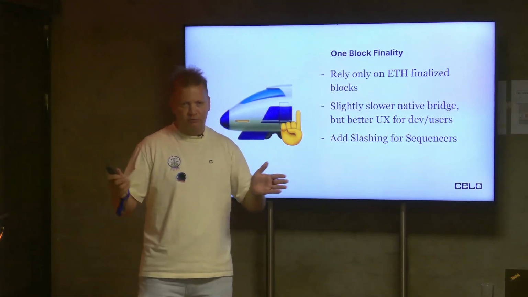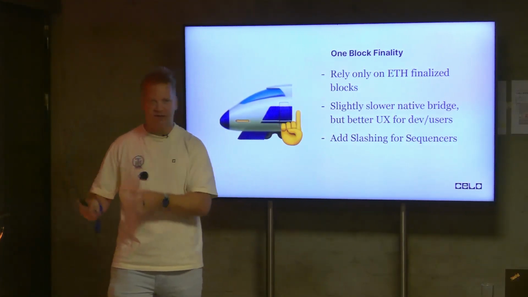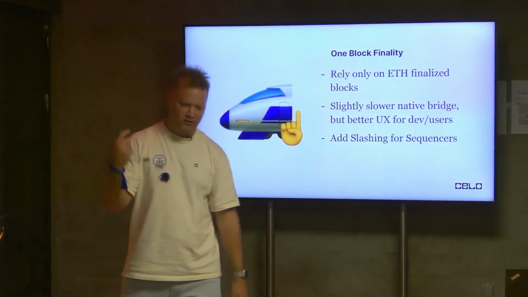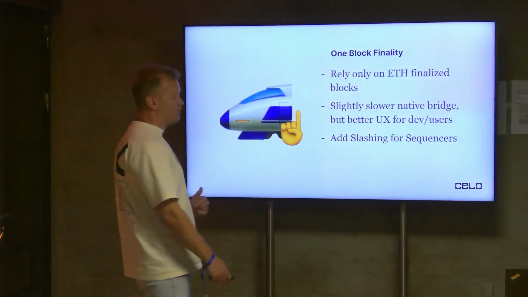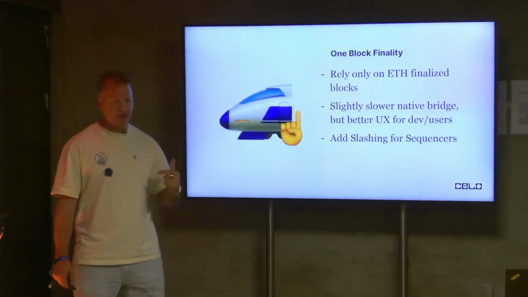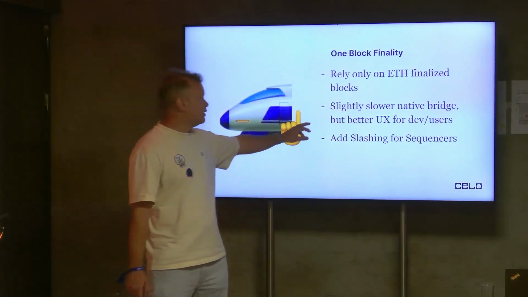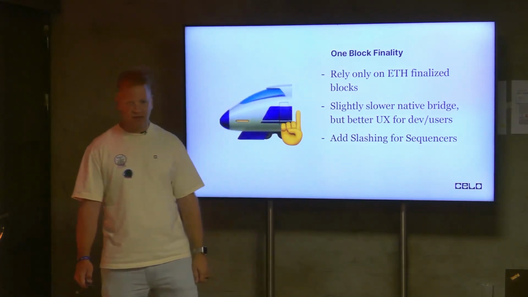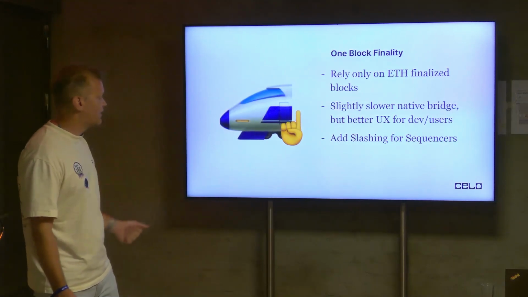Actually, Ethereum basically doesn't reorg after 15 minutes, but there is a chance that it does, the moment there are proposers or attesters, and then your whole chain will need to reorg. So if you want to have one block finality, you need to rely on Ethereum finalized blocks. For OP, that's likely more of a configuration thing.